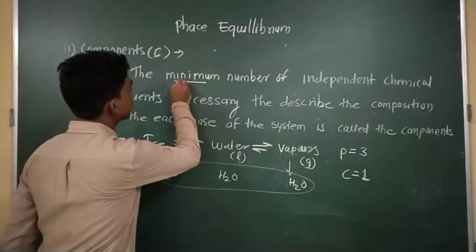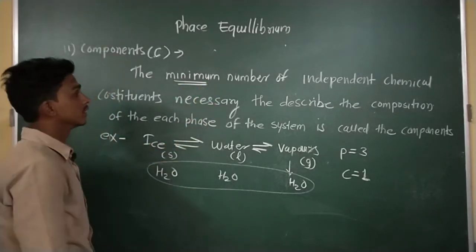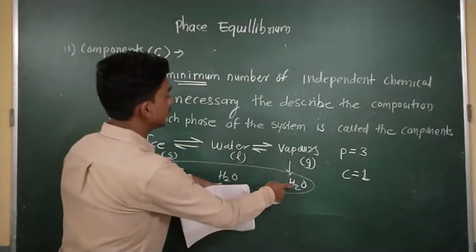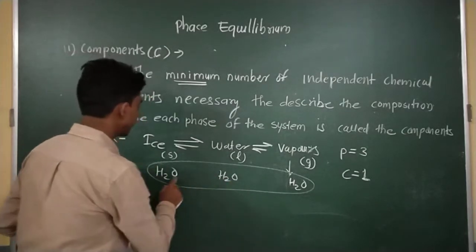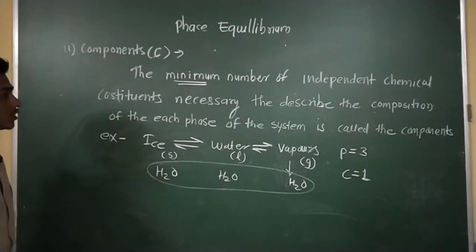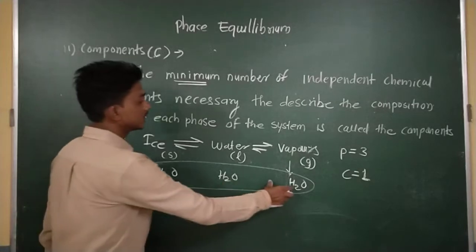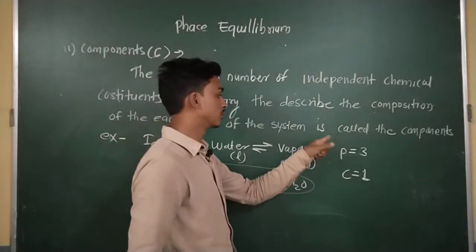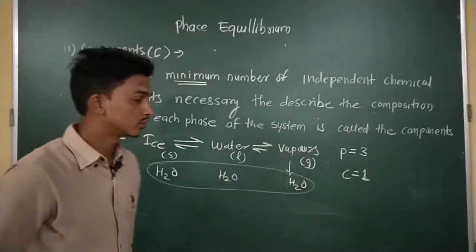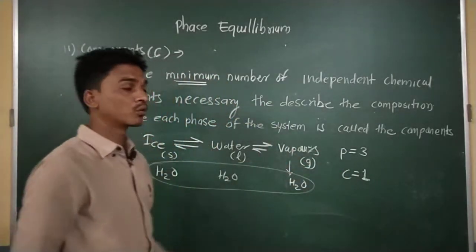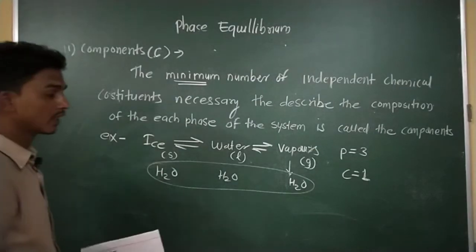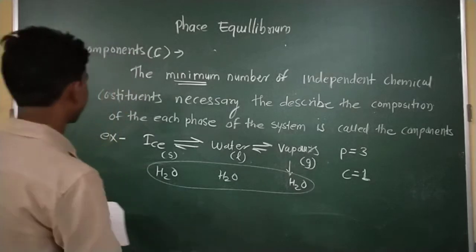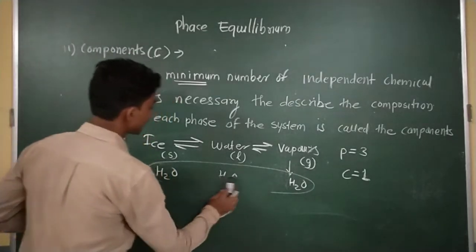That's why we say the minimum number of independent chemical constituents used to describe the chemical compositions of each phase of the system is called the components. So here is a one component system, and phases are 3. So next example, we will see the next example.